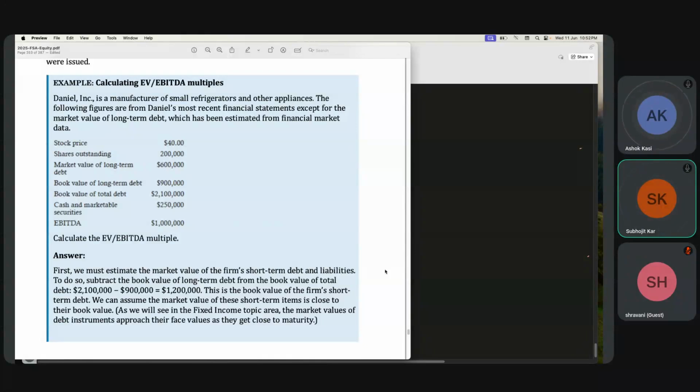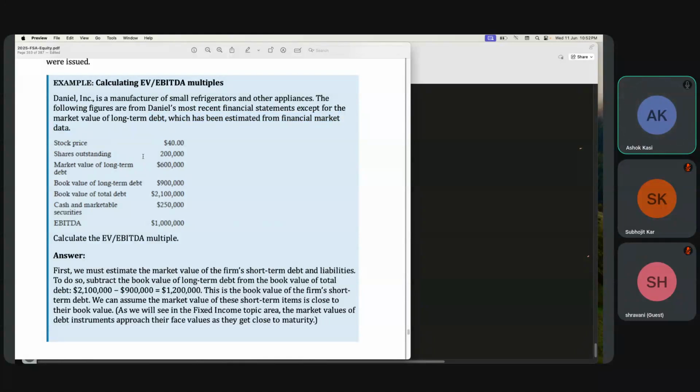Why did we deduct what? Long-term debt from total debt. Okay, I'll explain. See, Daniel Inc. is a manufacturer of small refrigerators and other appliances. The following figures are from Daniel's most recent financial statements, except for the market value of long-term debt, which has been estimated from the financial market data.